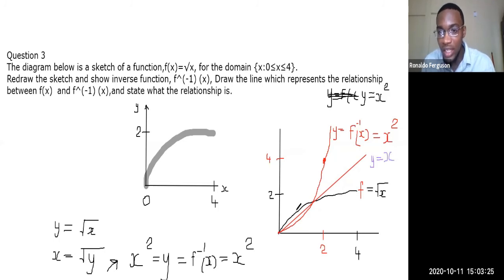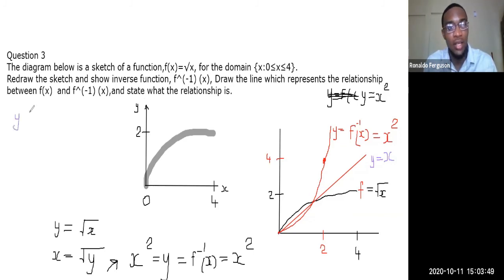What's the relationship between the two? They are inverse of each other. So you can write that they are inverse of each other. What does that mean? They are a reflection in the line y equal x. So you write that down.